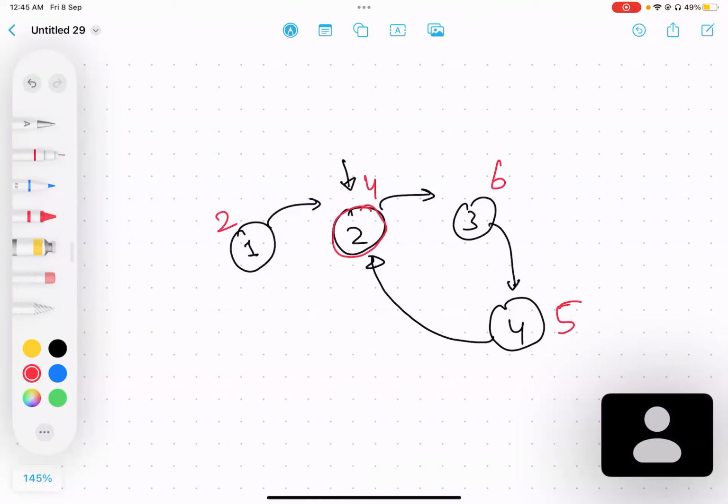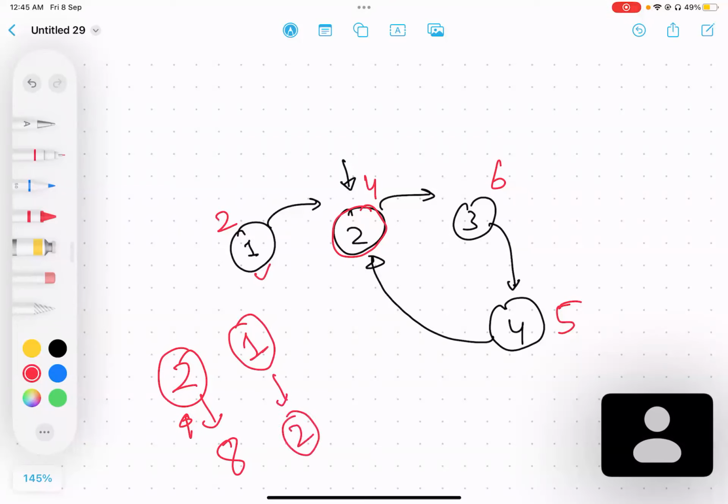Since 2 is afraid of 3, and 3 has not been sold yet, I will get twice C_i, so I will get 8 points. And let's say after that, I decide to sell 1, but since 1 was afraid of 2 and it was already sold, I will get a value of 2.